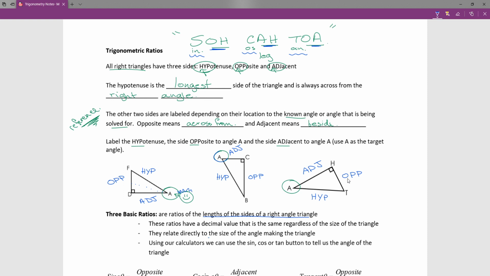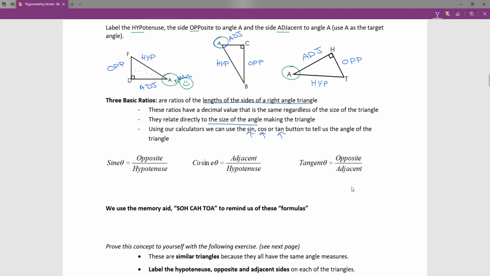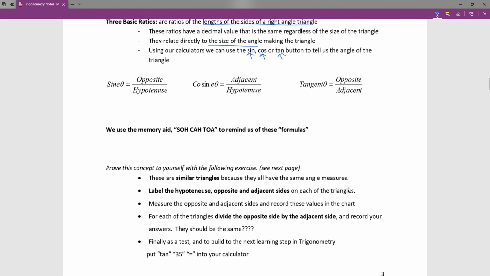So they relate directly to the size of the angle making that triangle. On our calculators, we can use the sine, cos, or tan button to tell us what that decimal equivalent is. And this is a super powerful tool that's built into your calculators. Back in the day, you used to have trig tables that would tell you those, but those values are programmed into your calculator.